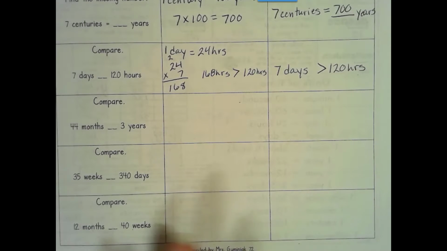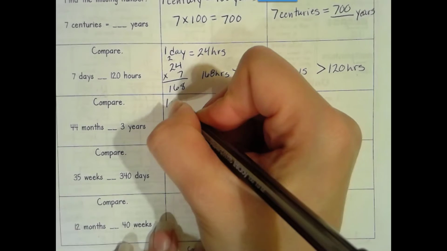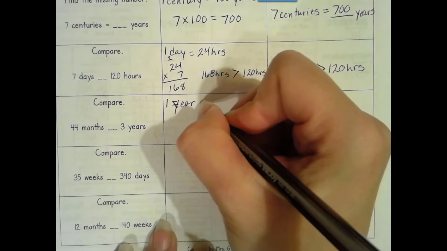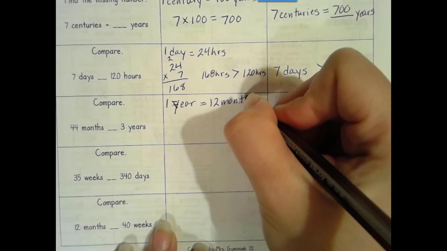Okay, on this next one, years are greater than months. 1 year is equal to 12 months in the solar calendar.